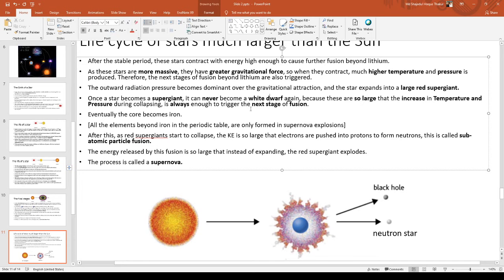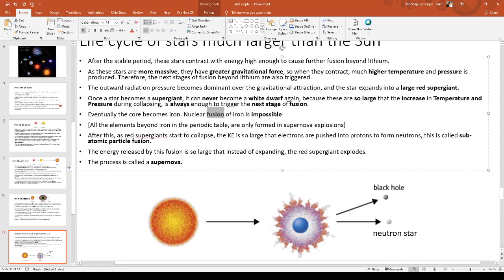No, no, no. Iron fusion is impossible. Nuclear fusion of iron is impossible. Impossible in bold. Okay?